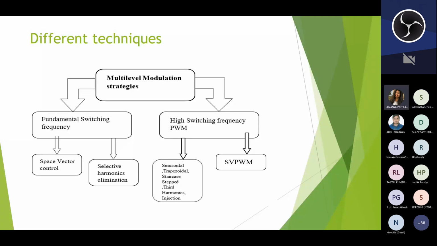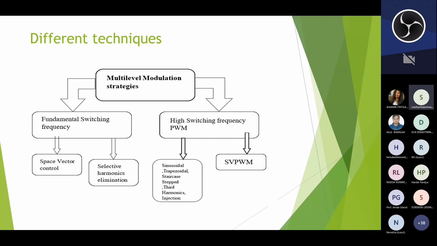Sinusoidal PWM is the most common. Even though it is widely used, it has a significant disadvantage: it has low output voltage as compared to the other PWM techniques. However, employing comparable carrier-based systems in various configurations, there are also some additional approaches.